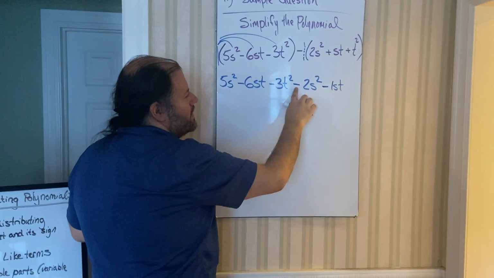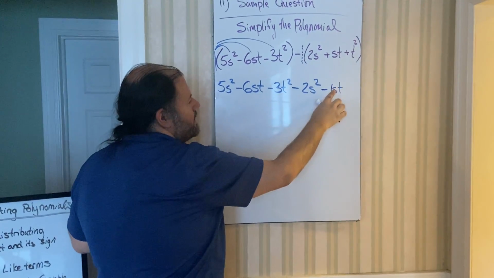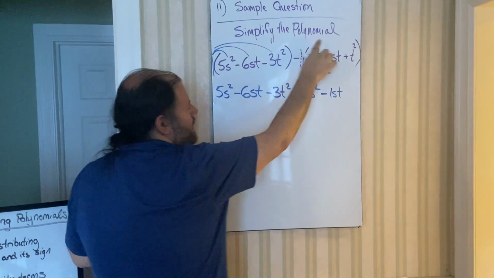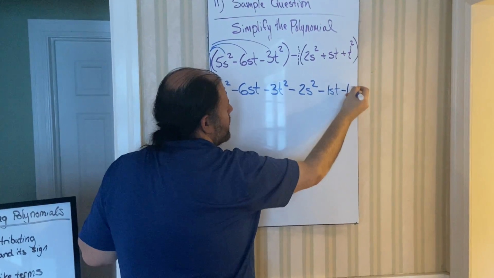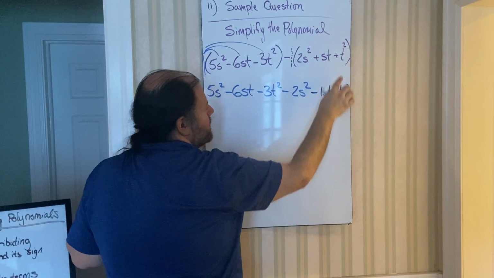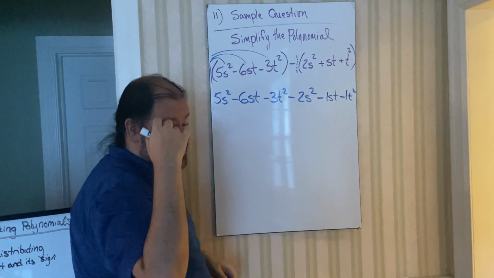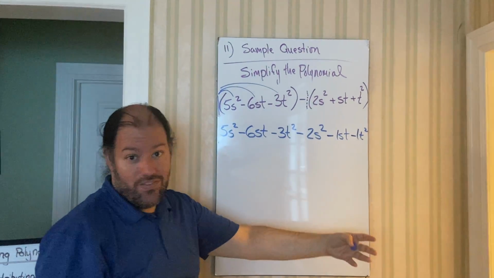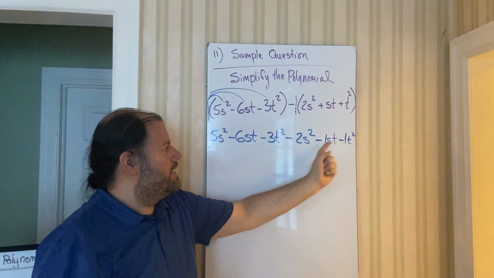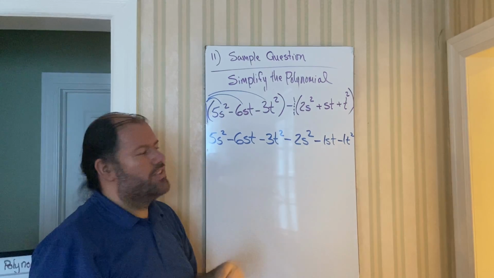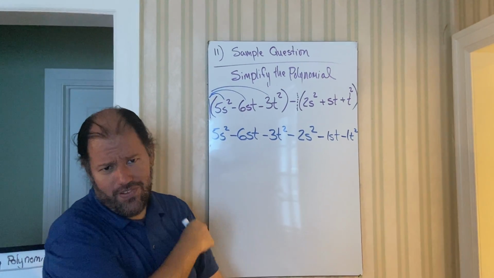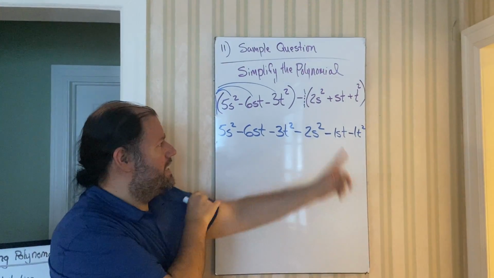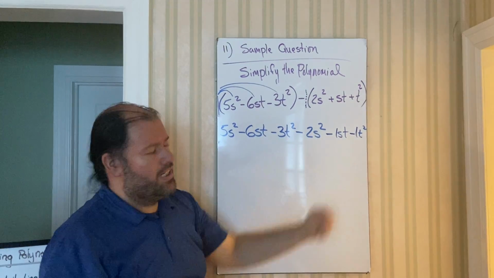Was positive, now becomes negative. Was positive, now becomes negative. When I distribute this out, notice positive, it becomes negative. So when you distribute out a positive 1, nothing changes. But when you distribute out a negative 1, the numbers stay the same, but your signs change. So just be careful. Just realize when you're distributing by a negative that the signs will change.